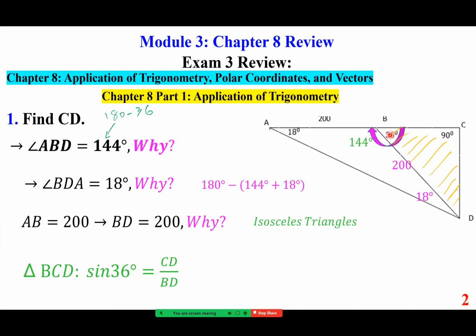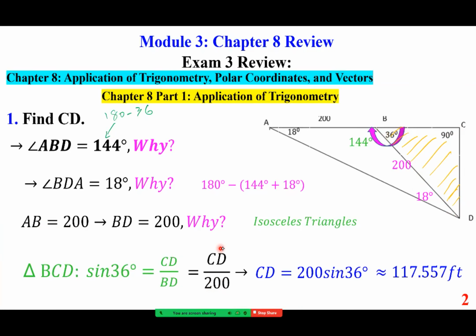So this angle, the sine is the opposite over the hypotenuse. And we showed that the hypotenuse is 200. So CD is the product of 200 and sine of 36 degrees. We use a calculator and we come up with the answer. And as far as the number of decimals, however they ask you. Normally when this is 200, we go with only one decimal, but I wanted to show you with more. Okay.